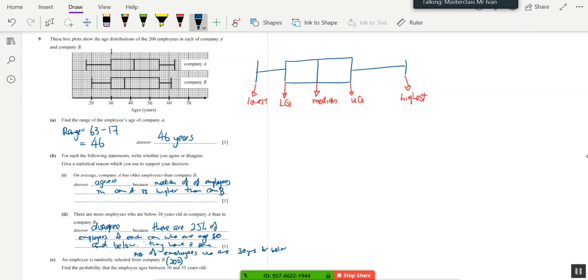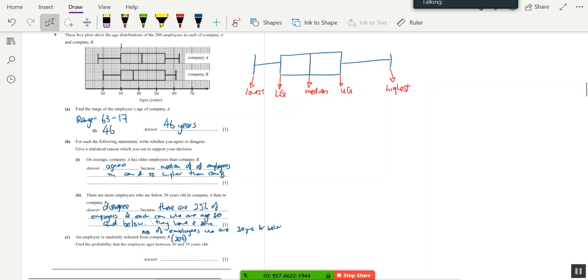Okay, find the probability that the employee's age is between 30 to 55. Then you would realize that just nice, 30 is at the lower quartile and 55 is at the upper quartile. Means that the number of employees with age less than or equal to 30 is 25% of 200 people, which is 50.